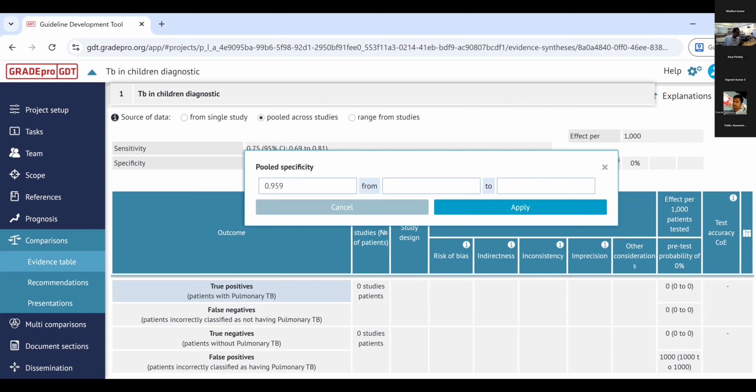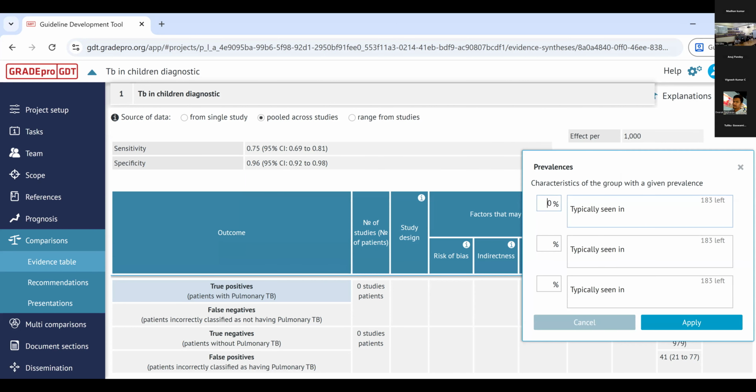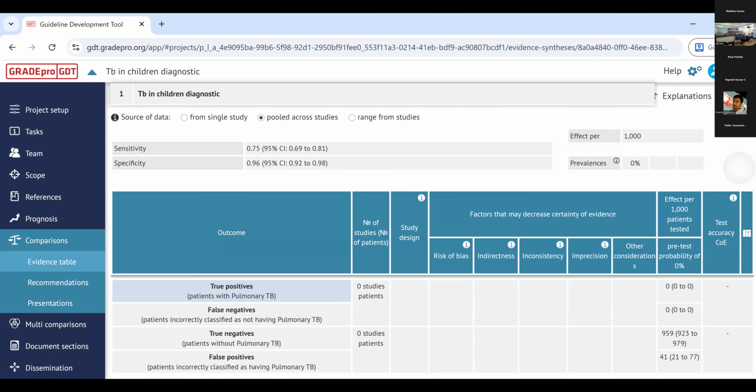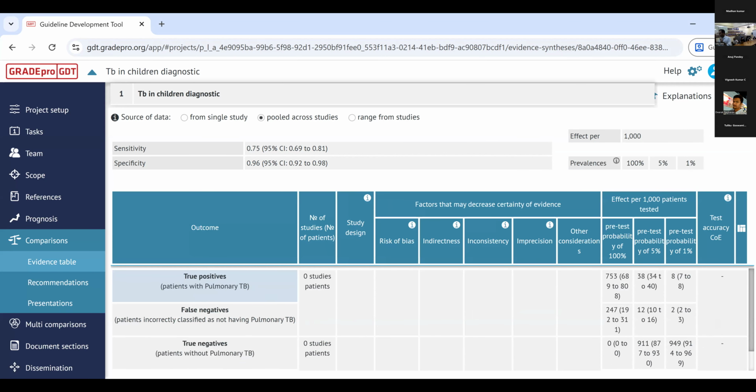It ranges from 92.3 to 97.9. Okay, so we've entered the prevalences in our population. We're going to look at.